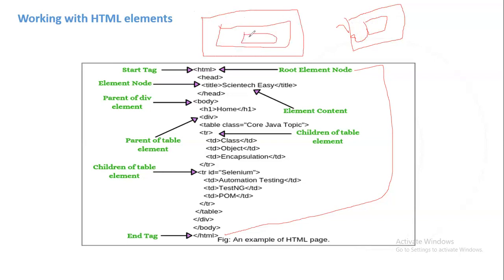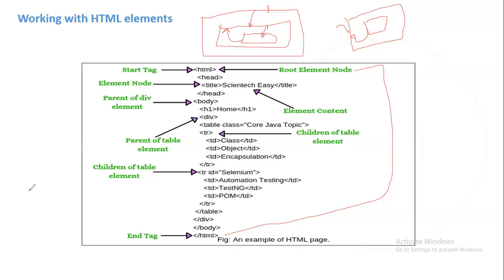This is the innermost element, and the one above it is its direct parent. Indirectly the outer one is also a parent, but the direct parent is this one. Which is the direct child of the outer element? This one is the direct child of the outer element, and this one is the child of that element.